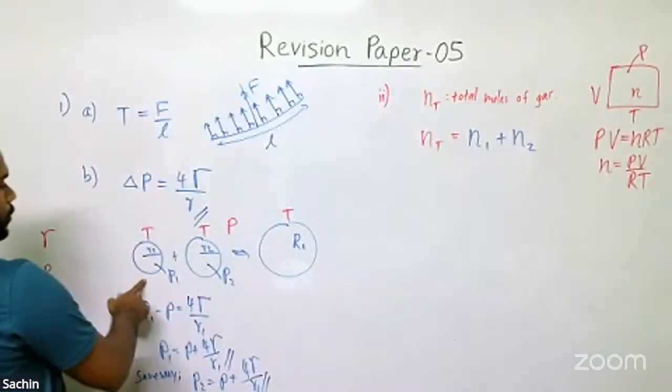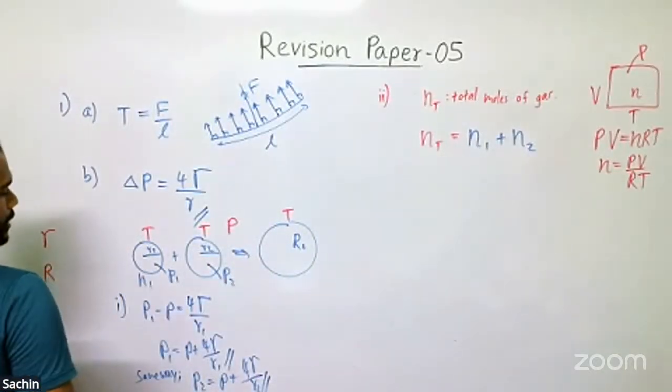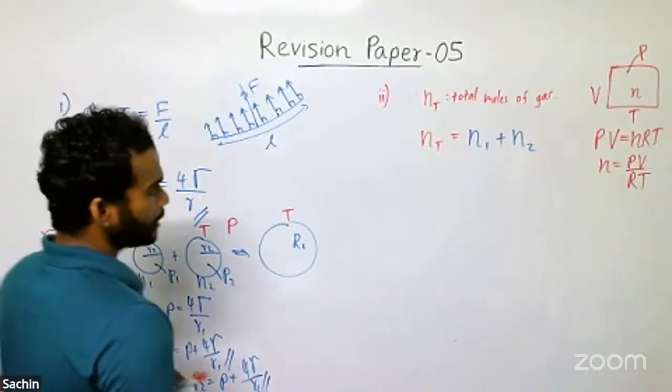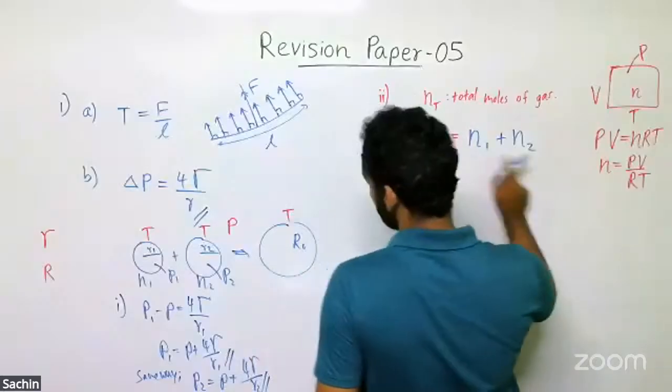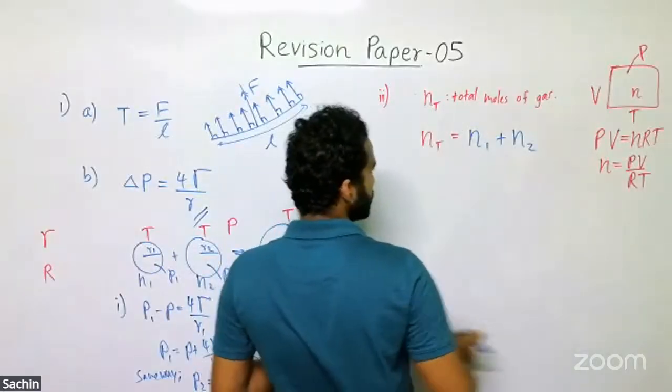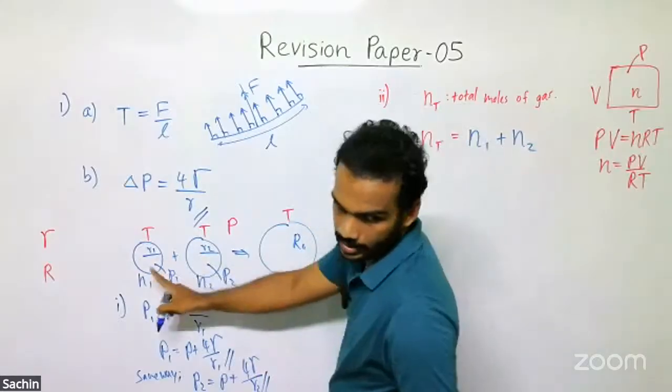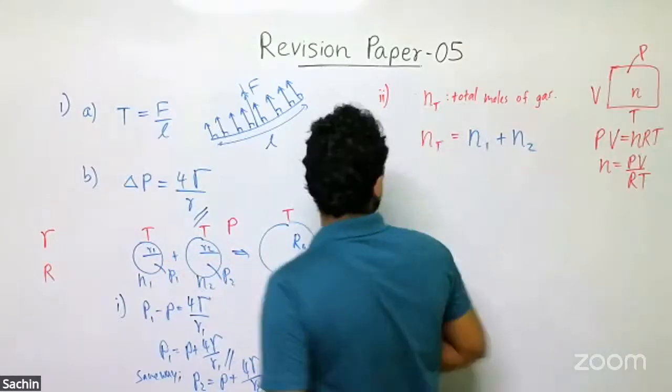Let's say the number of moles in the first bubble as N1 and the number of moles in the second bubble as N2. Then the total number of moles should be equal to the sum of it. You cannot evaluate just considering the whole sample because pressures are two different pressures as well as the volumes are also two different volumes.